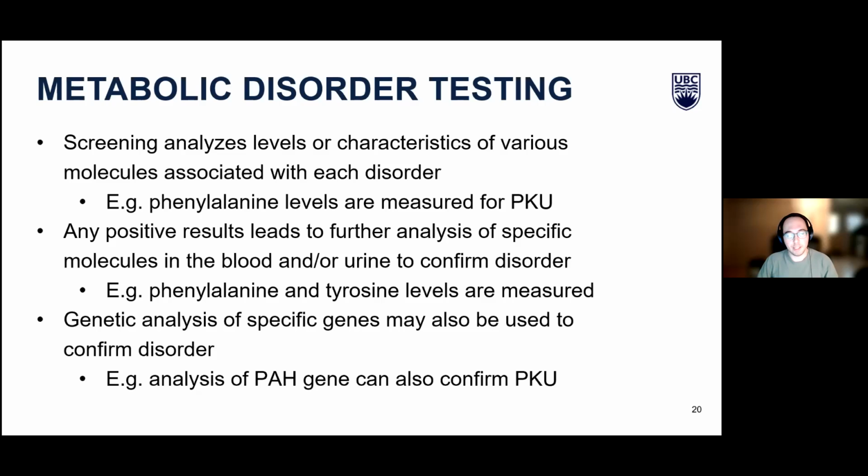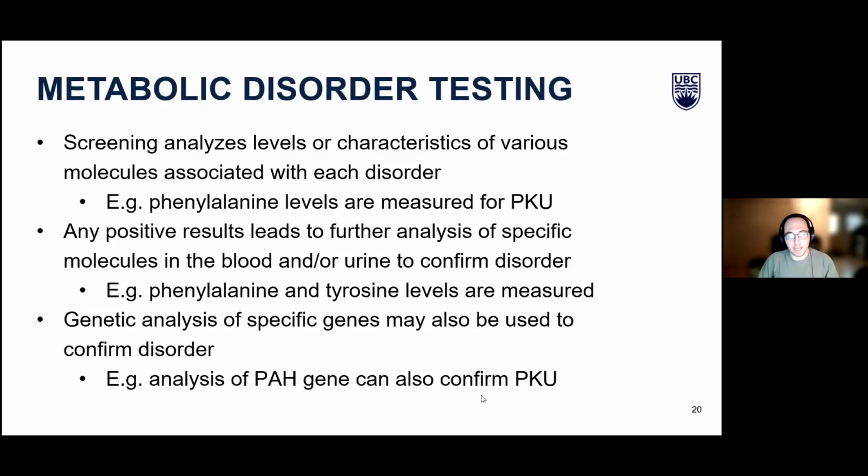So for PKU, we would then retest the phenylalanine levels as well as the tyrosine levels to confirm PKU. So we'd be expecting in PKU to see phenylalanine levels being high and tyrosine levels being low. As well, we can also do a genetic analysis for some of these conditions to help confirm the disorder.